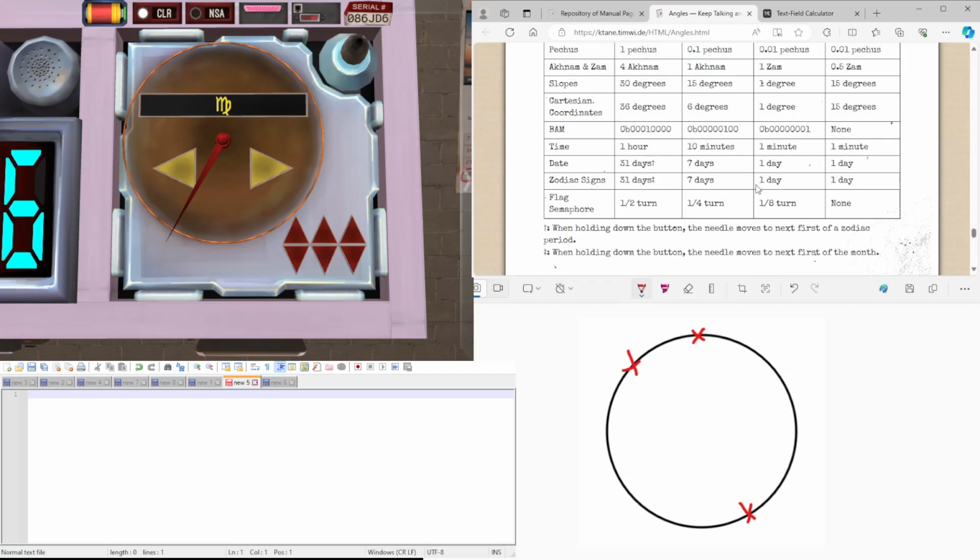So that would be 7, so that'd be 8, plus 7 again is 15, plus 7 again is 22, and then 23. So roughly around here.